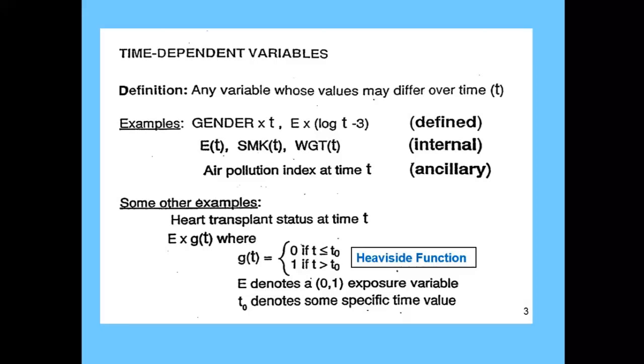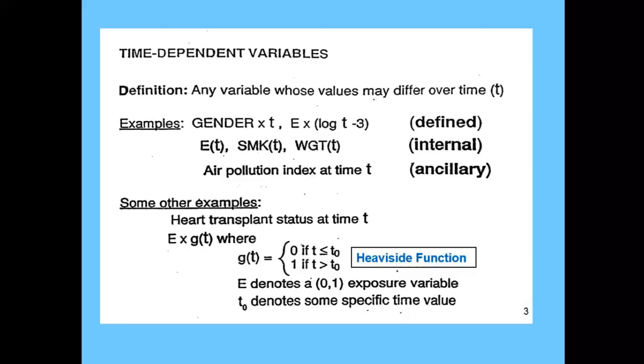Now, for example, here's one: gender times t, where t stands for time. Is that a time-dependent variable? Well, gender isn't, as long as you're not doing a study where people are changing. Some people do those studies, but in this case, we're not doing that.